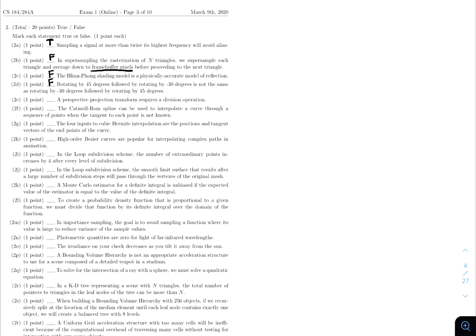In part E, the question is, a perspective projection transform requires a division operation. This is true. In the perspective projection, we can use similar triangles to relate the height of an object on the screen, X, where the object is actually in world coordinates, height H, and at location Z along the Z-axis.